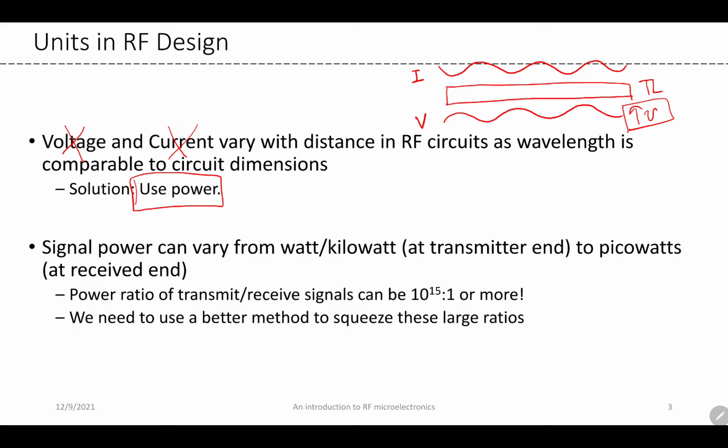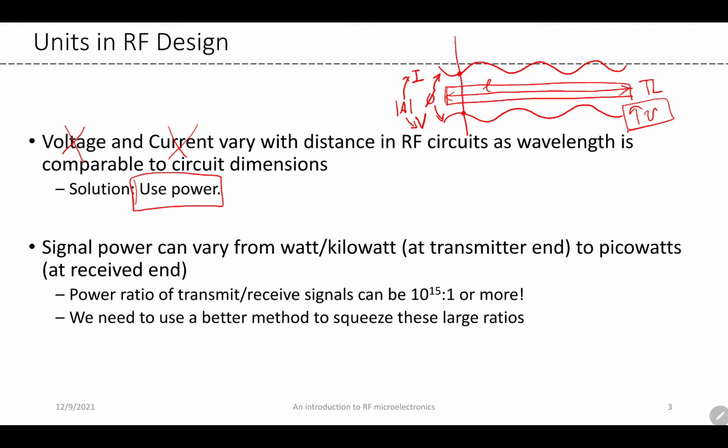So now what happens is that for a given length, you'll have multiple crests and troughs of voltages as well as currents. If you look at a certain section, you'll see that the current and the voltage levels might have a certain phase difference. They might even have different amplitudes or magnitudes.